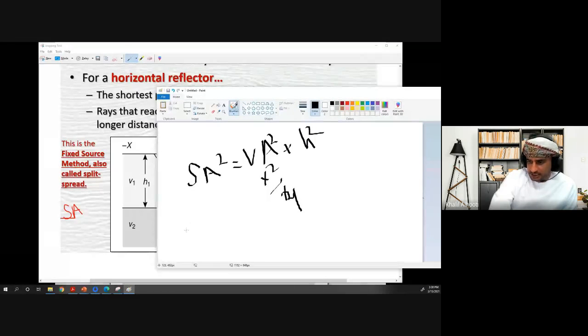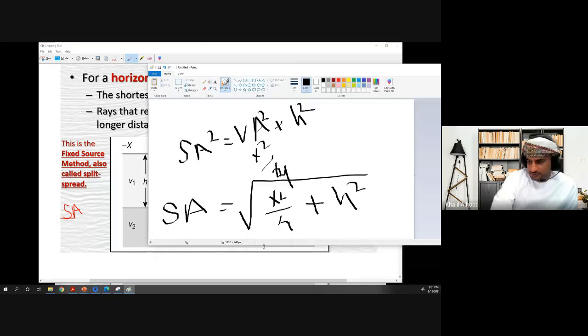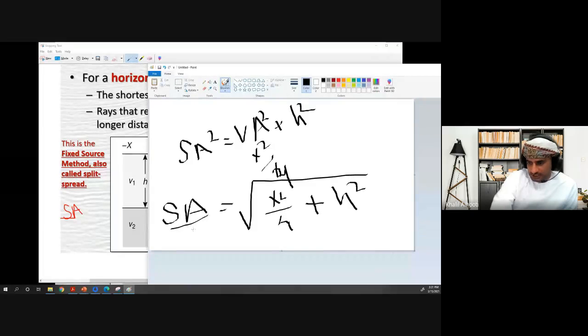And if I'm interested in knowing this one, which is then what? Simply the square root of X squared over 4 plus H squared. Divide all of it by the velocity of the layer, V of layer 1.